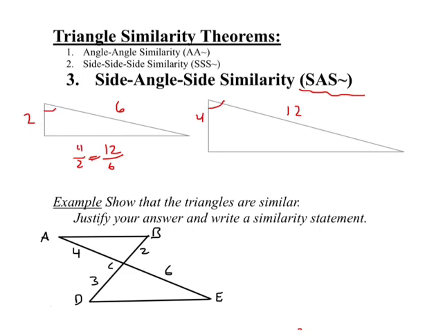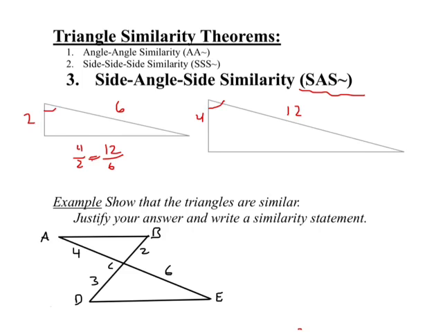Here we have a shorter side in a triangle and the medium side, and the short side over here and the medium side here. And we want to know, are these two triangles similar? We don't know anything about the third side, so we can't use side-side-side. We don't know if these lines are parallel like we did before, so that doesn't help us.